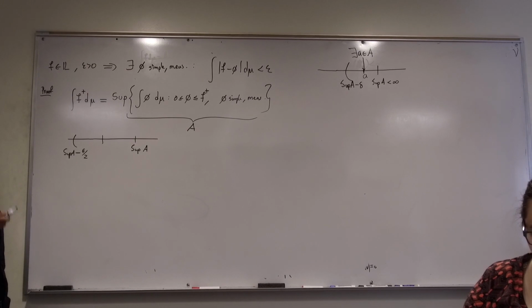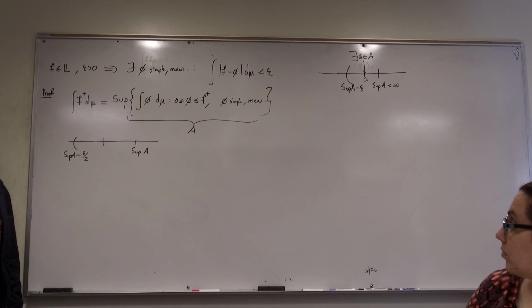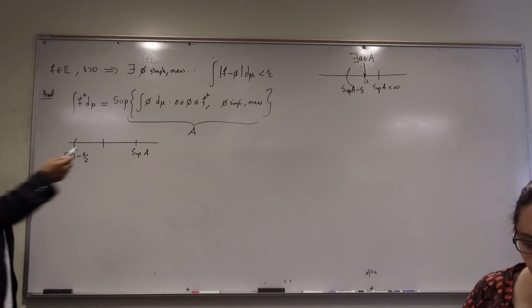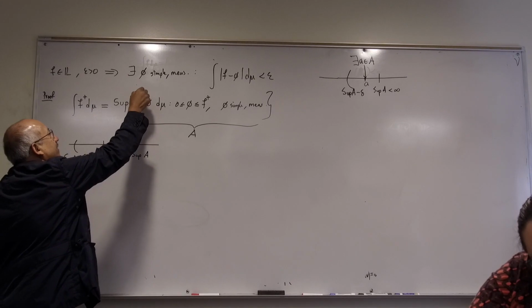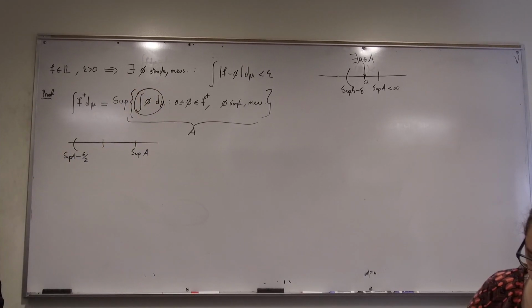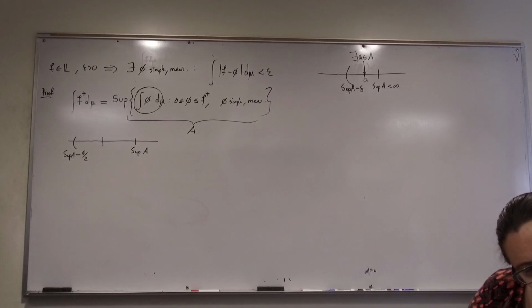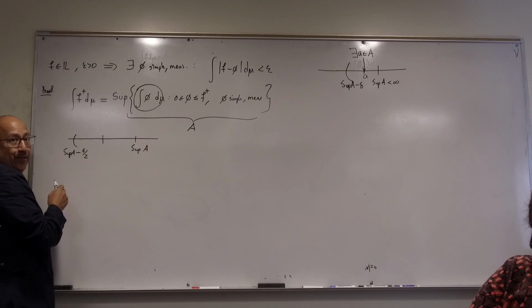Are they cars? Are they integrals? No, the elements of A are integrals of functions. They are numbers, right? But they look like the integral of something. You see what I mean?